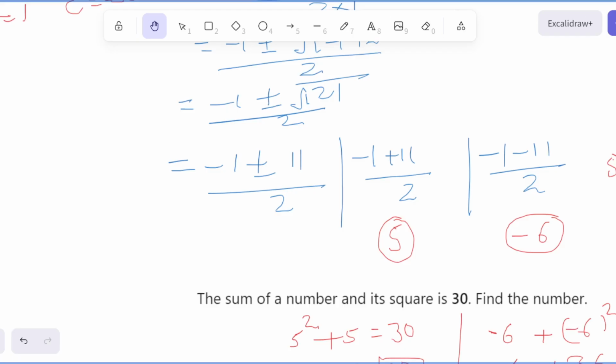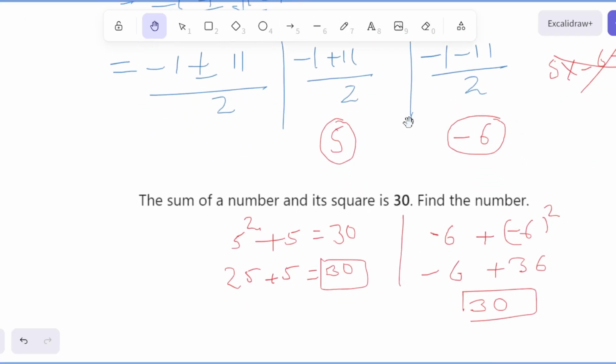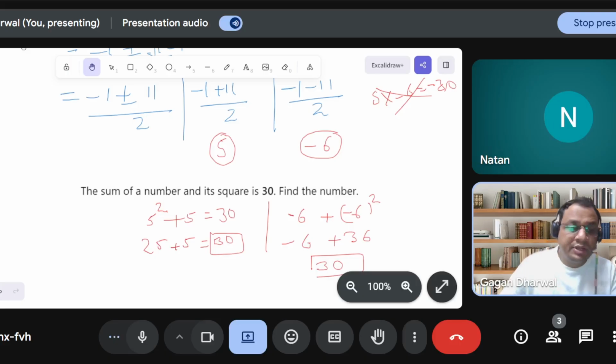So numbers can be either 5 or minus 6, because both of them satisfy the quadratic equation, that the sum of the number and its square will be 30. 5 we checked and minus 6 we checked. Both answers come out to be 30.